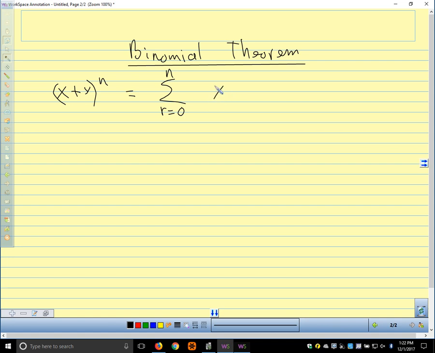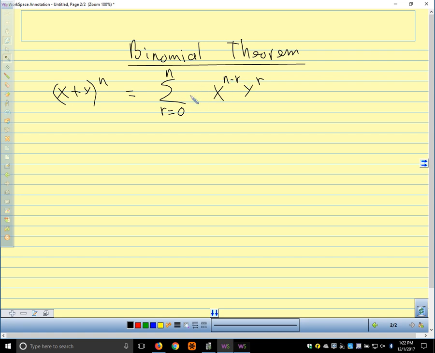We're going to say x to the n minus r, y to the r. This is going to make sure that our exponents add up to n, because n minus r plus r is n. And the y is going to go from 0 to n, and x is going to go from n to 0.